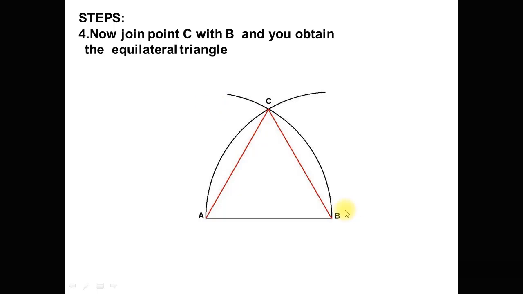Now put the compass at point B and open it to point A and draw another arc. These two arcs touch each other at point C. Finally, join point C to point A and point C to point B, and you will get the equilateral triangle.